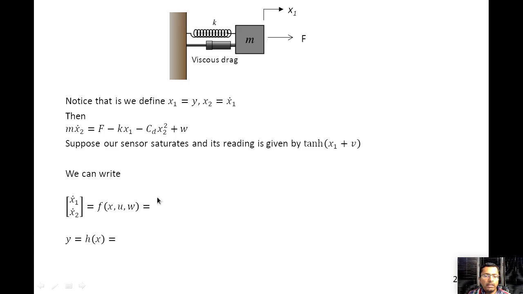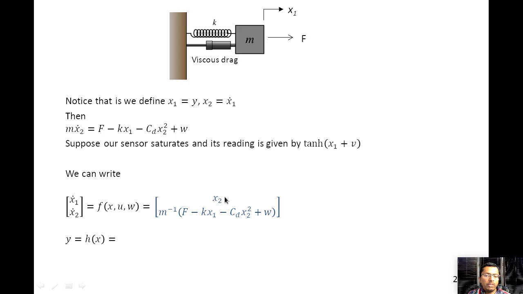Because it's going to be a vector equation, the first row of f needs to be equal to the derivative of x1. If you look at here, that's going to be x2. The second one is going to be coming from here. If I divide this equation by the mass, I'm going to have k over m, and then C_D over m, and then 1 over m times w.